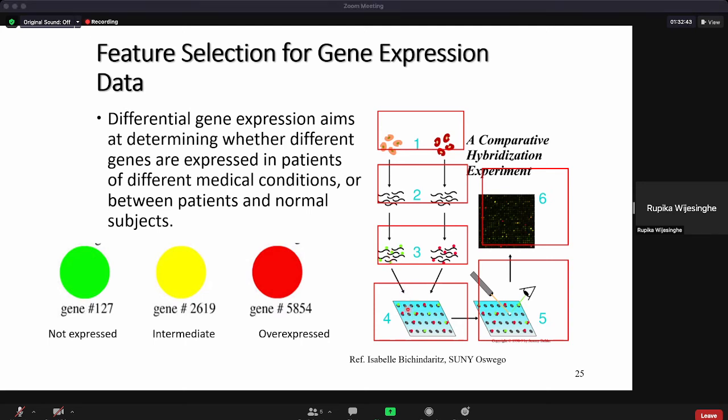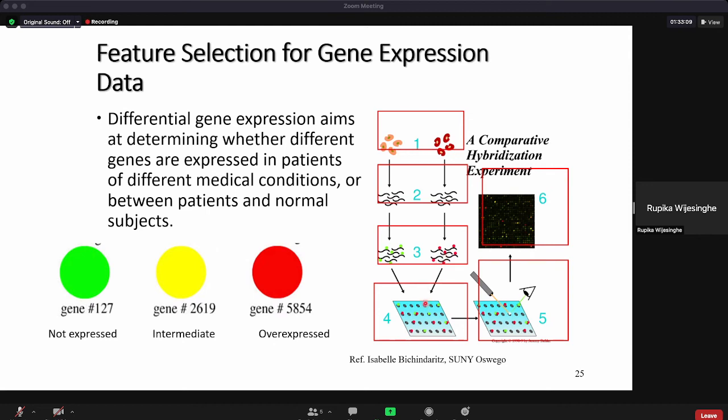So at some spot, some gene can be there, and the same gene may be expressed here and expressed here as well, in the control and the patient. In that case, those spots will become yellow. If it is overexpressed in the patients, more will go and bind.